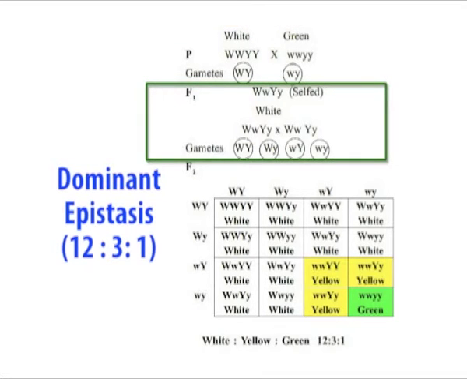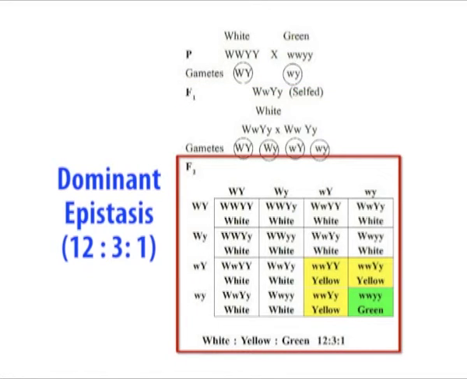However, in the presence of a dominant allele capital Y at another locus, the flowers produce no pigment, resulting in white flowers. The allele capital Y is therefore epistatic to both capital W and small w combinations.